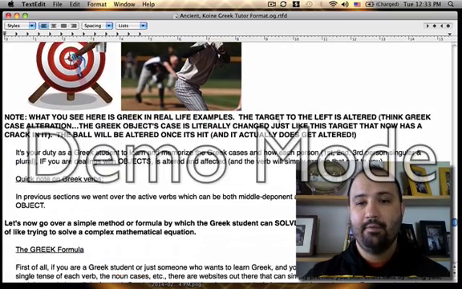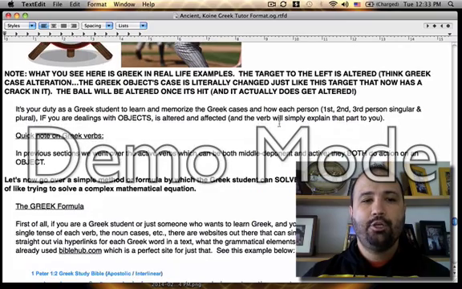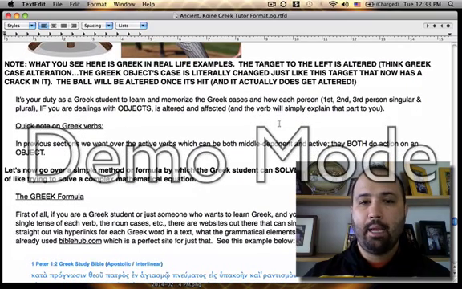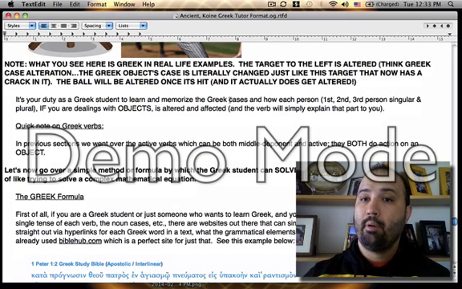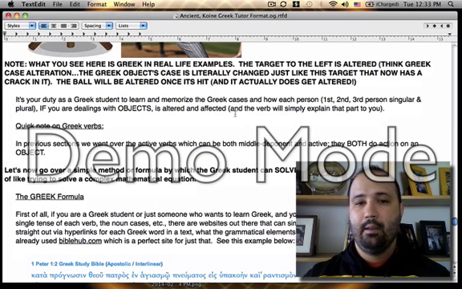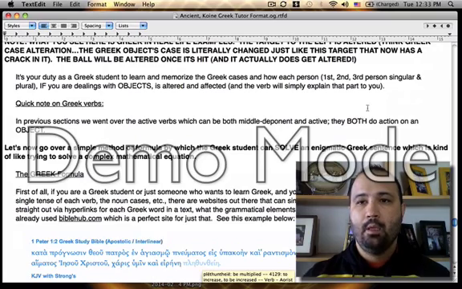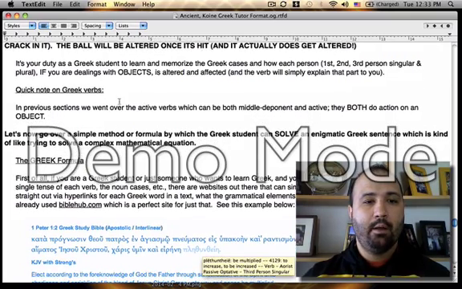The funny thing is, it is your duty as a Greek student to learn and memorize the Greek cases and how each person, the first, second, third person, singular and plural, if you're dealing with objects, is altered and affected. And the verb will simply explain that part to you. Remember that. So let's go over a quick note on Greek verbs.